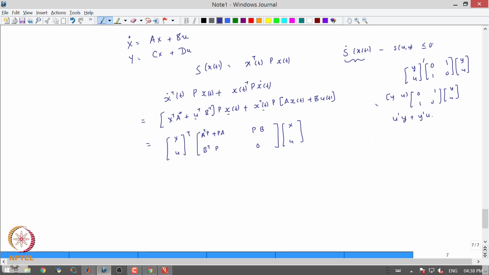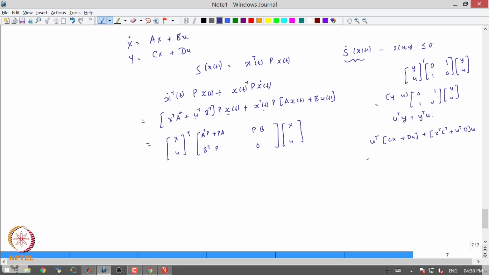Now, u transpose y is what? Cx plus Du, and y transpose will be x transpose C transpose plus u transpose D times u. So I just plug this in.